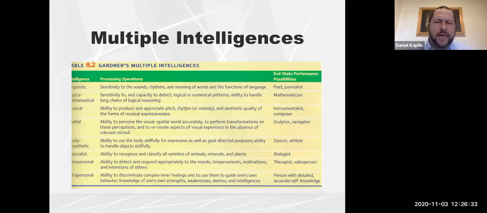Another problem related to Gardner is that he violates the law of parsimony. Now, you probably have heard the law of parsimony in different ways. Perhaps you heard it as Occam's razor or Morgan's canon.